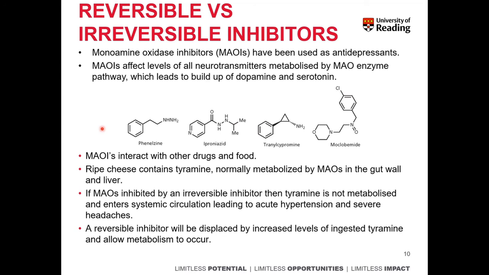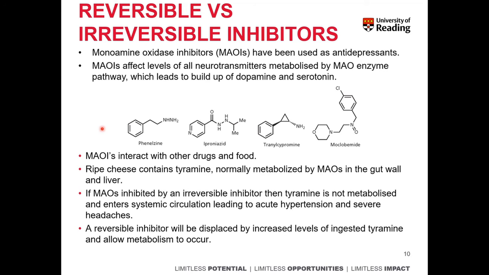But because these are irreversible inhibitors, that doesn't happen. And so when things like ripe cheese are eaten, it means that the patient can experience severe headaches because of the acute hypertension. And so this is one example of why reversible inhibitors are preferred over irreversible.